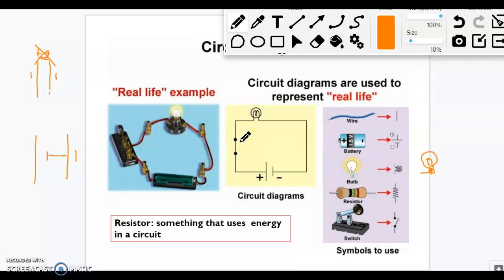It does not matter which one that you have. Okay? It's just a way that we represent that switch. But this resistor, we'll talk about that here in just a little bit. It's really just something that causes energy to be used in a circuit, or it resists current in the circuit. You'll find out more. And besides that, though, that's really all that you need to know about circuit diagrams.